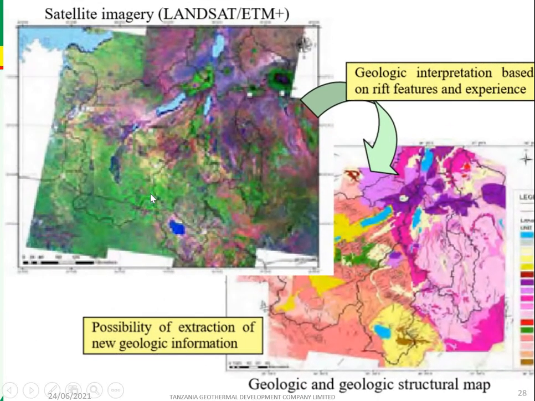These are satellite images which can be used to interpret geological features based on rift features and experience. And the possibility of extraction of new geological information is there. You can extract different geological information from these satellite images. And this is Landsat.